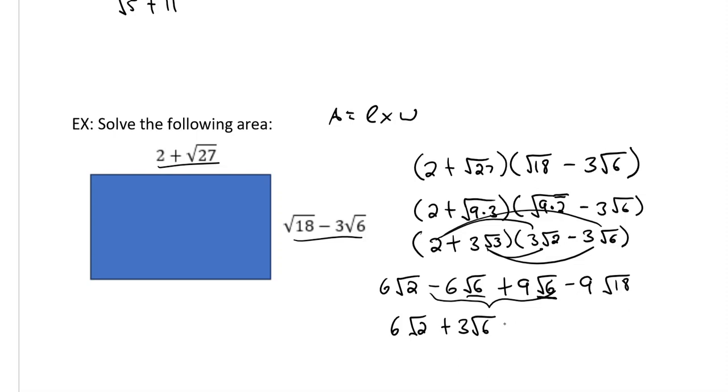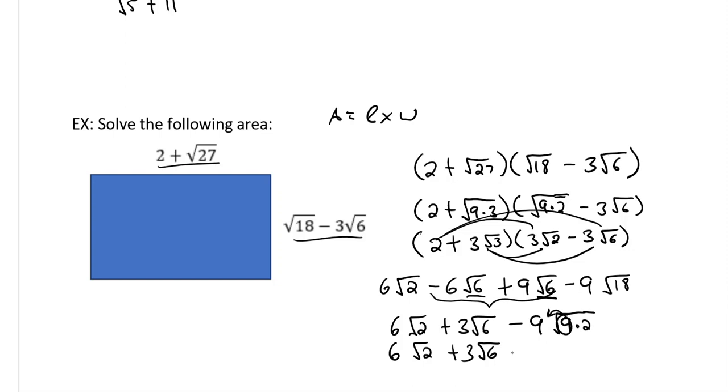And then minus 9. And I'm going to rewrite the 18 here as 9 times 2, because that 9 gets to come out. So we see that we've got 6 root 2 plus 3 root 6. And now I'm going to do this all in one move here. The 9 gets to come out as a 3 times the 9 that's already out there.